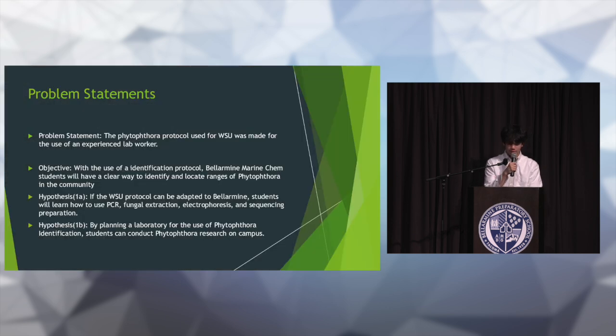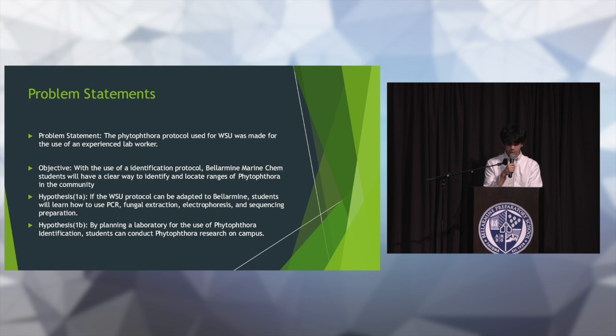My problem statement is that a protocol for identifying Phytophthora wasn't previously made for someone with inexperienced lab work, but is now accessible for students to learn specifically where Phytophthora is in agricultural areas.